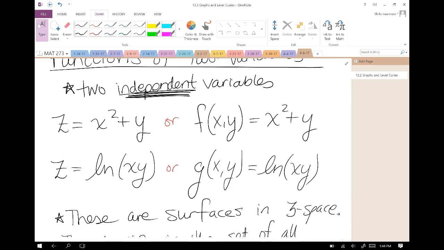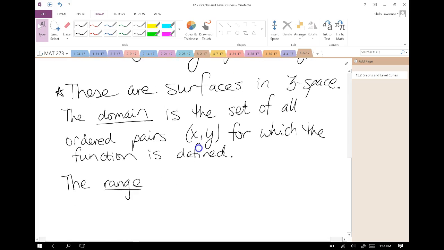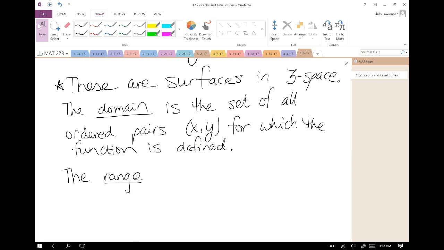When we know z is always going to be the output, it's going to be the set of z values. But it's just a single set. We only get a single number back when we plug in the 2 values for x and y.